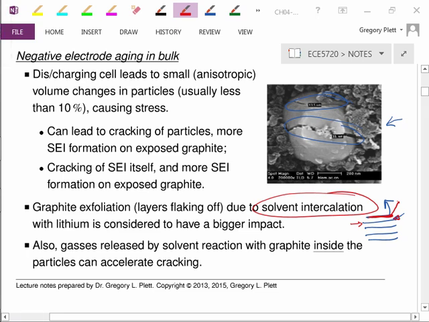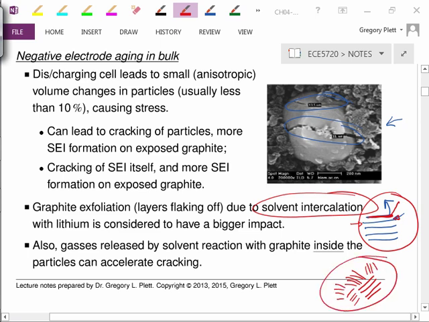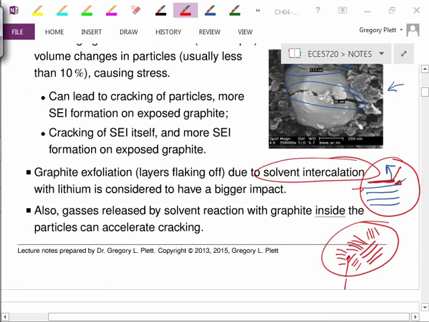Also, when the solvent reacts with the graphite, if it reacts inside the particles, it can accelerate cracking. Now, I've shown these beautiful graphite layers that are all perfectly lined up, but you might remember from last semester that we said it's a little bit more complicated than that, because most of these carbons have one particle, and there's kind of large voids inside, where this solvent may intercalate to this large void and react inside there, causing gas inside of that particle to tend to accelerate cracking and so forth.